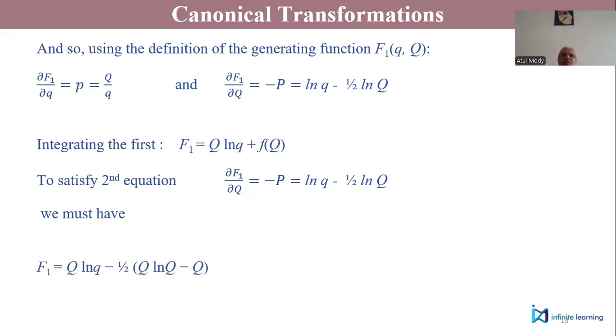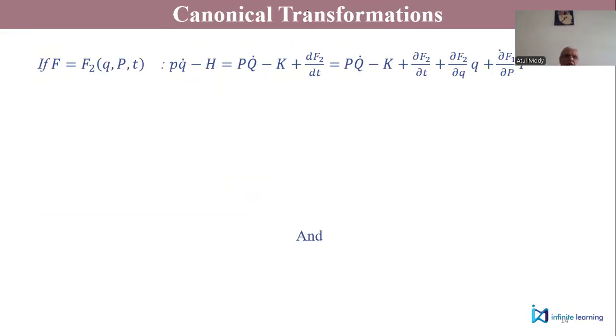So using the definition of the generating function F1, we have done this right here. So suppose F was F2, a function of old coordinates and new momenta, then you can go through the same procedure, and dF2 by dt you can write as dou F2 by dou t plus dou F2 by dou small q, because it depends on small q, times q dot, and dou F2 by dou capital P times P dot.